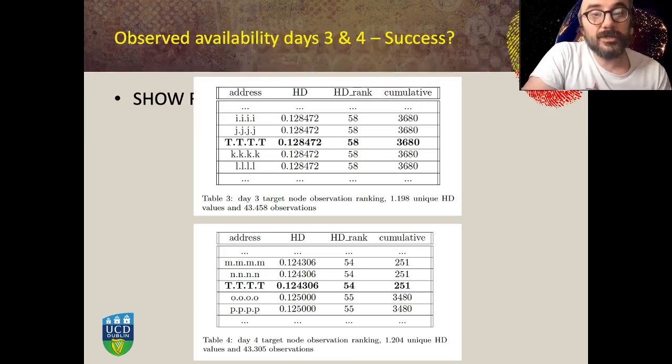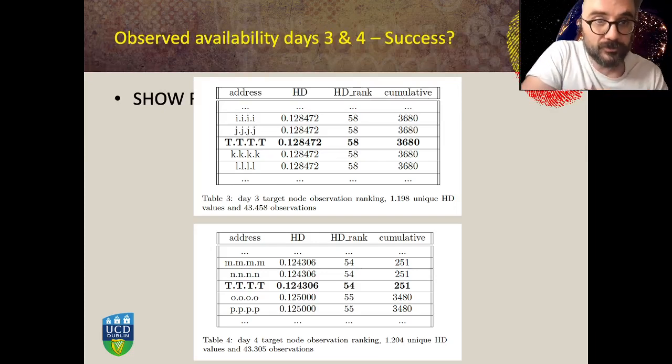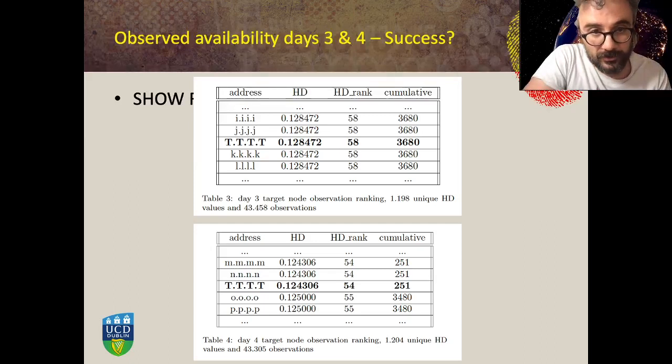Again, we measured the Hamming distance between all these vectors and the availability pattern we were looking for. And this time, the IP address that we knew was hosting the hidden service scored 58 together with 3,600 nodes. So it was not as good as we expected.